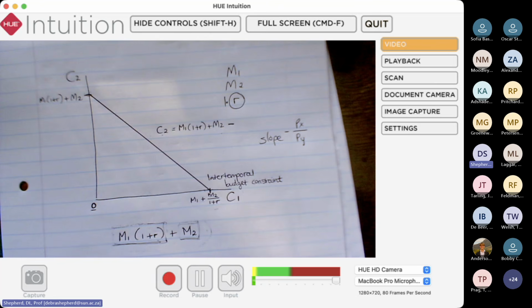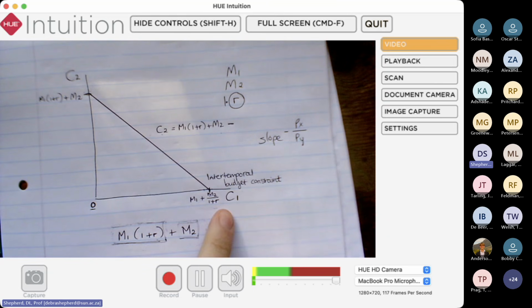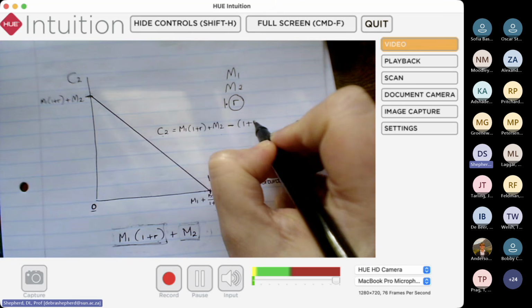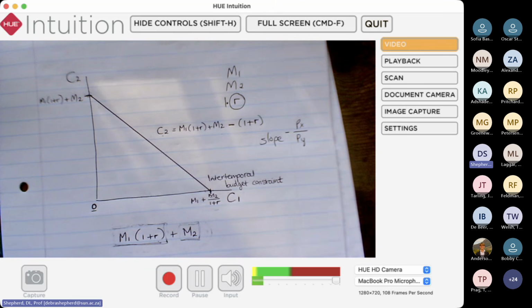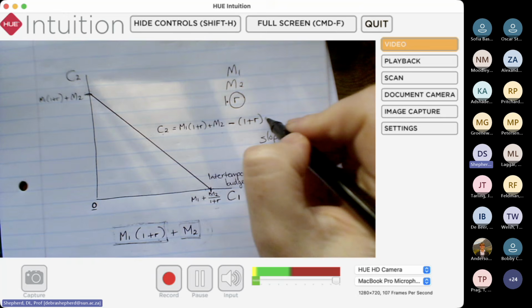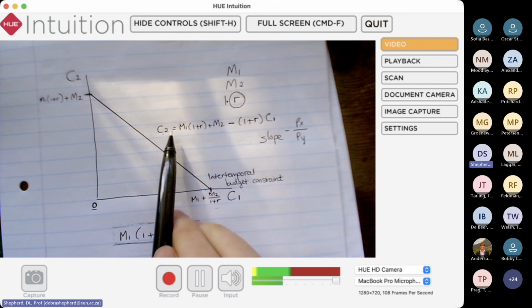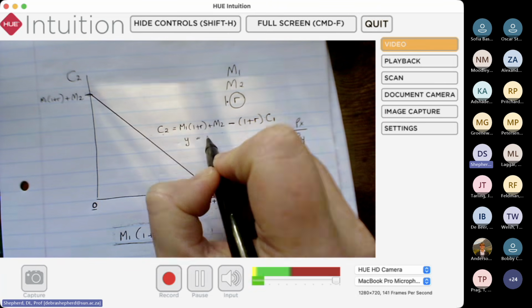So it basically has to represent the relative cost of current consumption. And so the relative cost of current consumption is 1 plus R. If I want to consume 1 extra dollar today, it's going to cost me 1 plus R to do so. I'm going to have to pay interest for the ability to do that. And then that's going to be multiplied by C1. So this is the same as y equals c plus mx. So that's just a linear function.